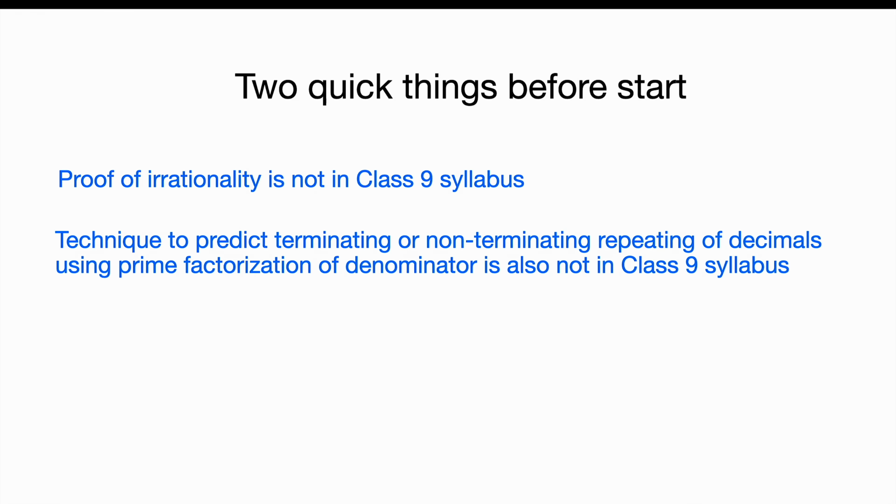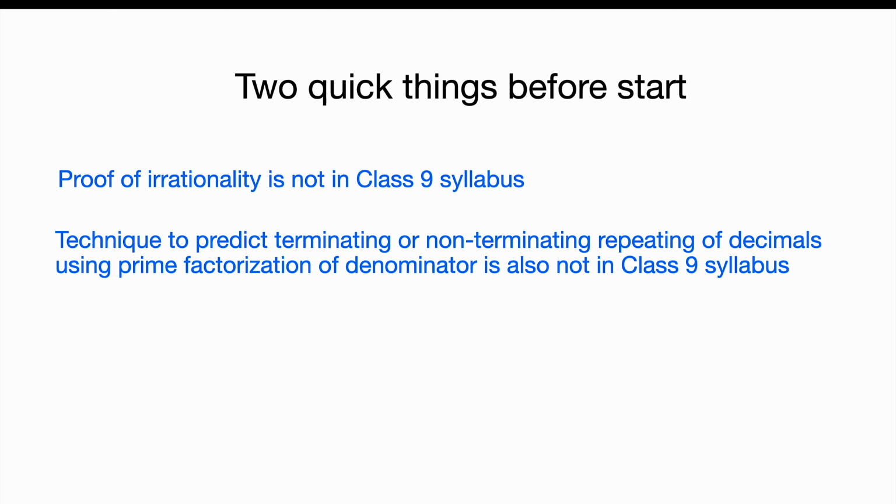And second thing, I said that we can predict how a rational number, when represented as a decimal number, will end up being terminating or non-terminating repeating by looking at the prime factorization of its denominator. That is, we prime factorize the denominator and look at the factors. If it includes only 2 or 5 or 2 and 5, then it will be a terminating decimal.